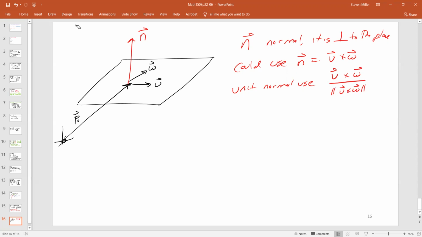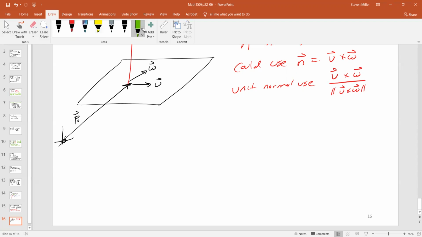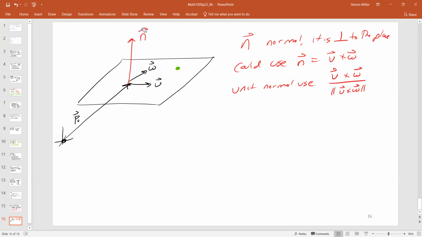There's another way to write what's going on. So imagine I give you some point over here, and this is my vector, P is my generic vector x, y, z, which is some point in the plane. I want to come up with an equation that the coordinates x, y, z have to satisfy.